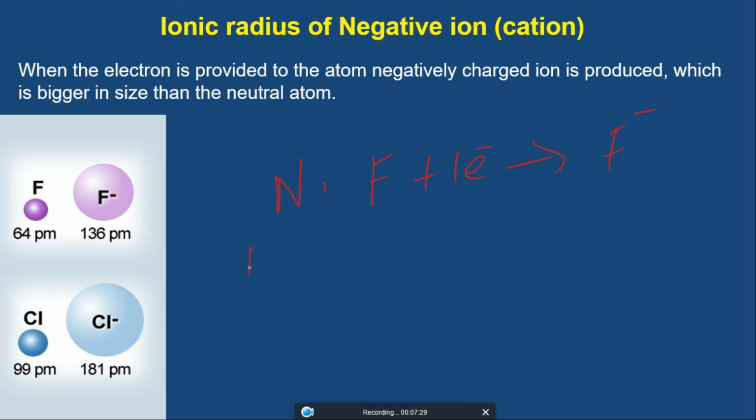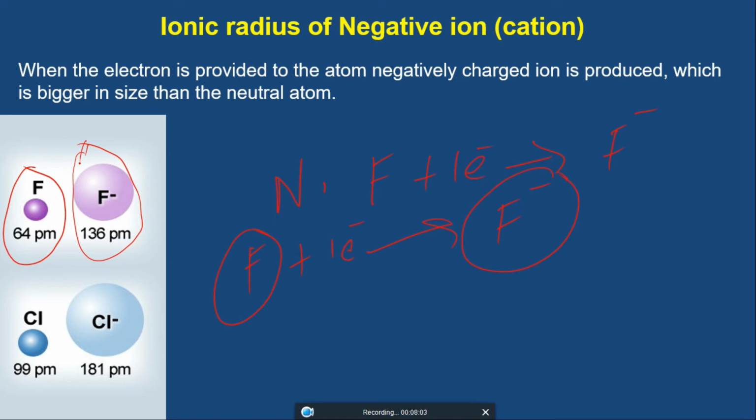For example, this is a fluorine atom, and we add one more electron into fluorine. So this will form the anion, which will be bigger in size as compared to its neutral atom. As you can see, this is the neutral fluorine atom with 54 picometer size, and this is the fluorine ion, the anion, after one electron is added.